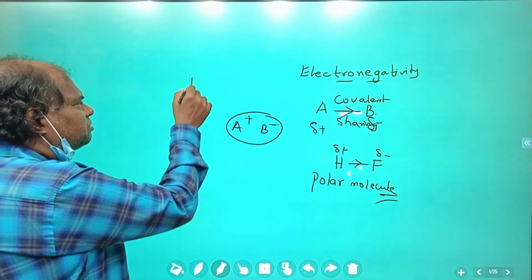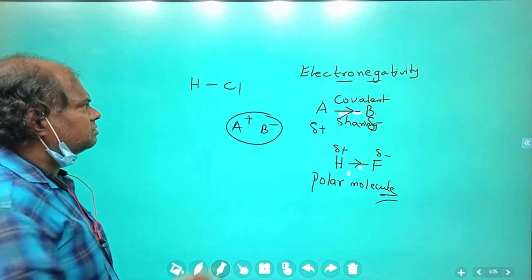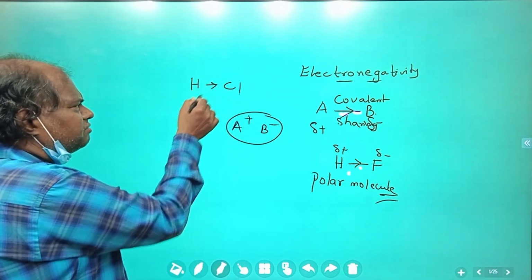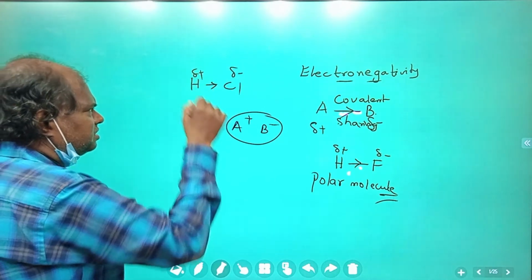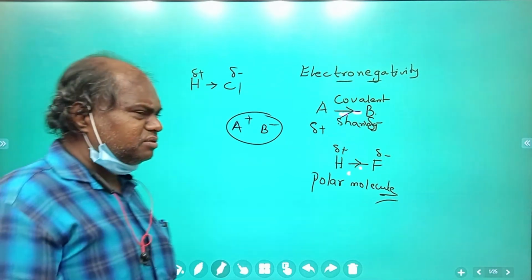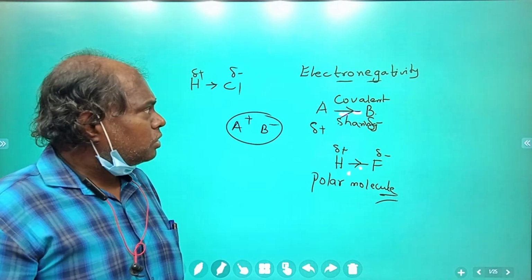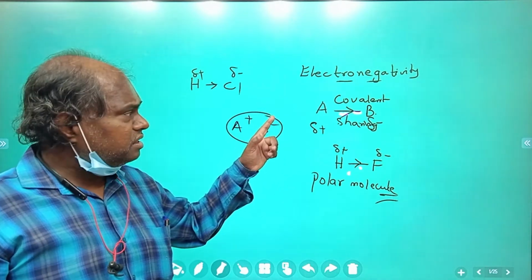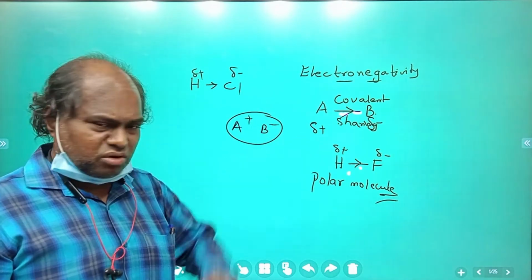Let me give you some more examples now. For example, HCl. This is also a polar bond, right? So electrons will spend more time with chlorine, so chlorine will get a minus sign, hydrogen will get a plus sign. Fine. Hydrogen has less tendency to pull the electrons. Now electronegativity will decide whether the bond is polar or not.